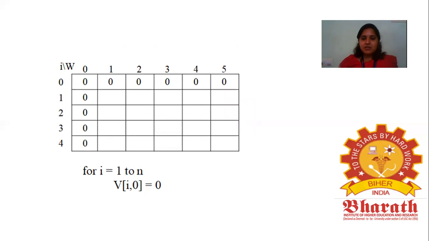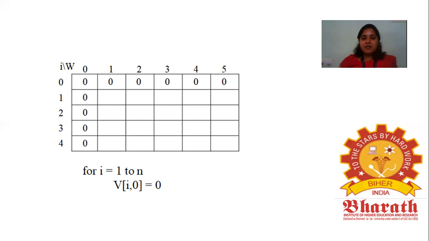So next step, we are making the first column to be 0. Why? Because initially we are not adding any object, so no object will be in the knapsack, and the capacity of the knapsack also will be 0 because there is no object. So the knapsack is empty. So for i equal to 1 to n, V of i comma 0 is equal to 0.